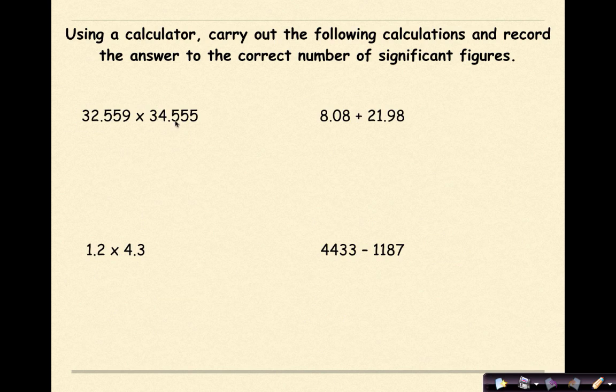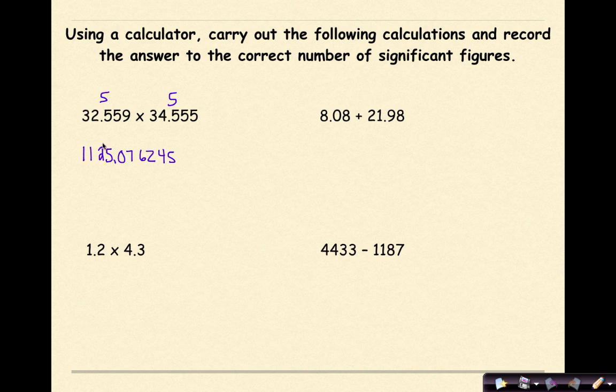32.559 times 34.555. Again, we're back to multiplying. So I look at this and I say we have 5 significant figures here. We have 5 significant figures here. So when I put this into my calculator, I get 1,125.076245.